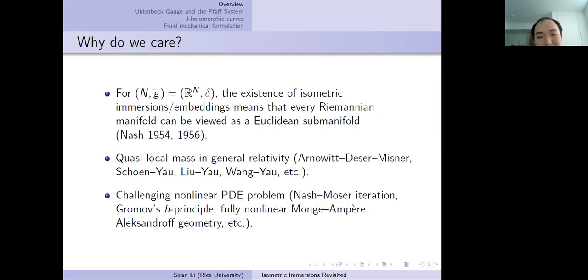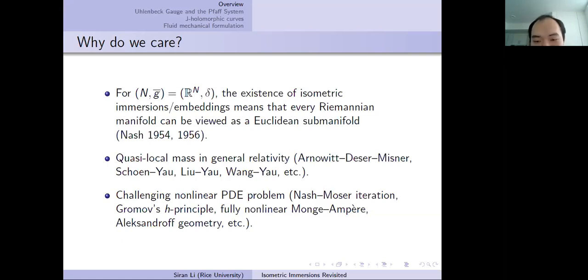This is indeed the original motivation of the legendary mathematician John Nash in his works in 1954 and 56. This is the geometrical aspect of the motivation. Also, physically, the definition of quasi-local mass in the study of mathematical relativity is closely related to the problem of isometrically embedding or immersing a two-sphere with various curvature conditions into an ambient three-manifold.